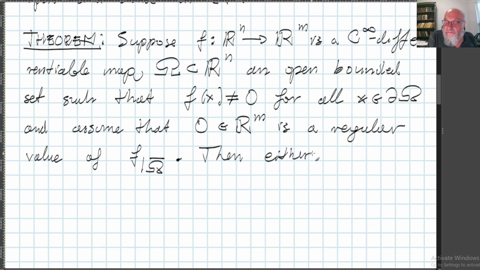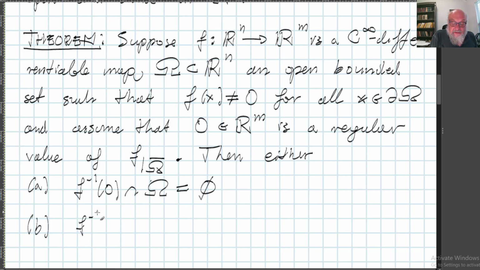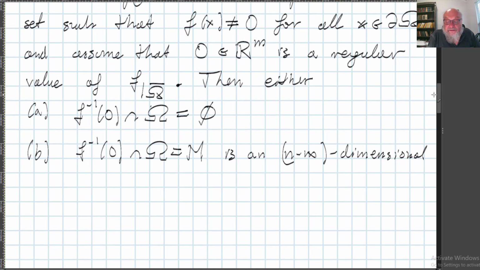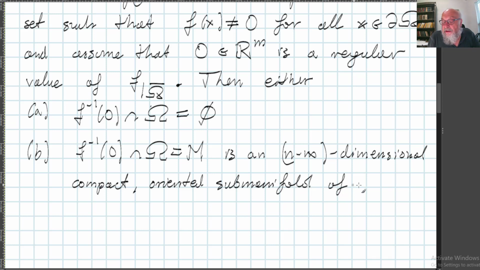Then either (a) f minus 1 of 0 intersection omega is empty, or (b) f minus 1 of 0 intersection omega is non-empty, and M is an n minus m dimensional compact oriented submanifold of omega.